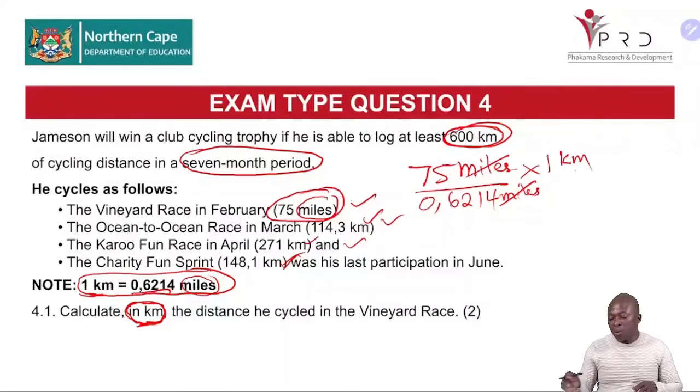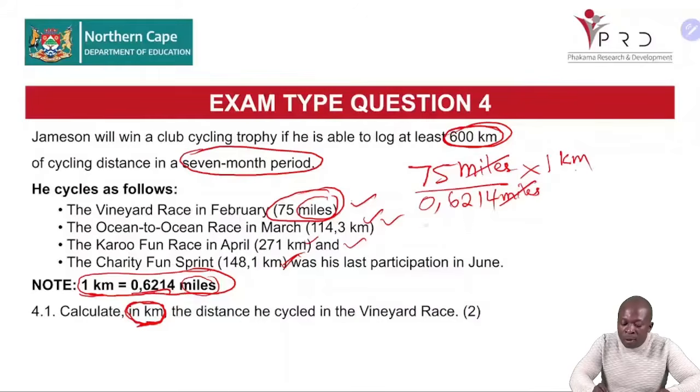Do you see? So then from there, what you do, you start pressing them. You don't press the units, you press only the numbers. So you press your 75, press your divide 0.6214, and then you multiply it by 1. So that will give you 120.695.